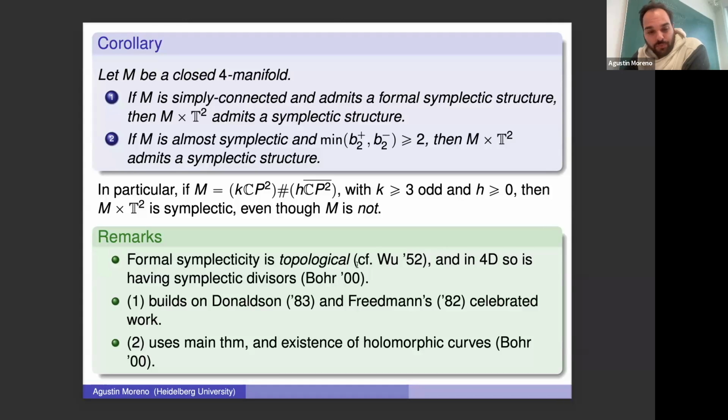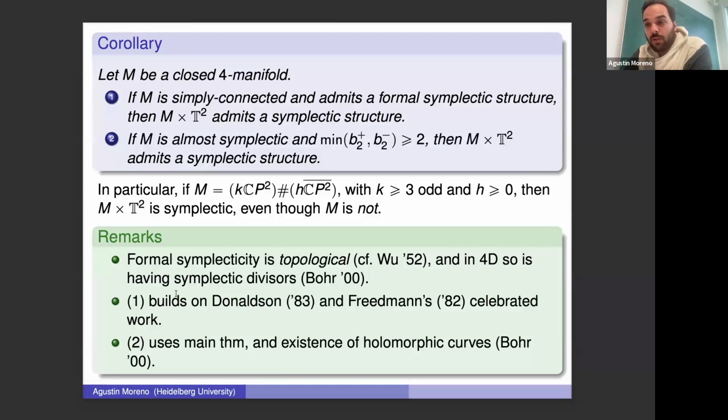Okay, so the smooth structure might change, but the fact that you have such a formal symplectic structure is independent of the smooth structure. And moreover, in 4 dimensions, the existence of symplectic divisors also only depends on the homeomorphism type. This follows from a result of Bohr from 2000, who studied existence of pseudo-holomorphic curves in almost symplectic 4-manifolds. So that's the first observation.